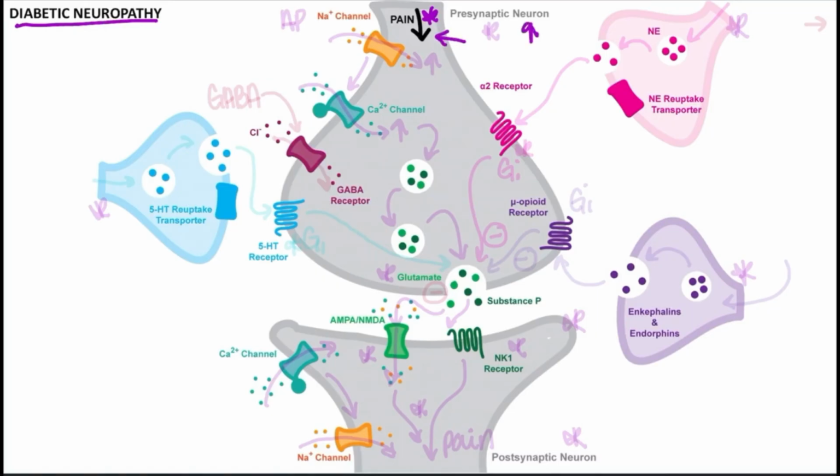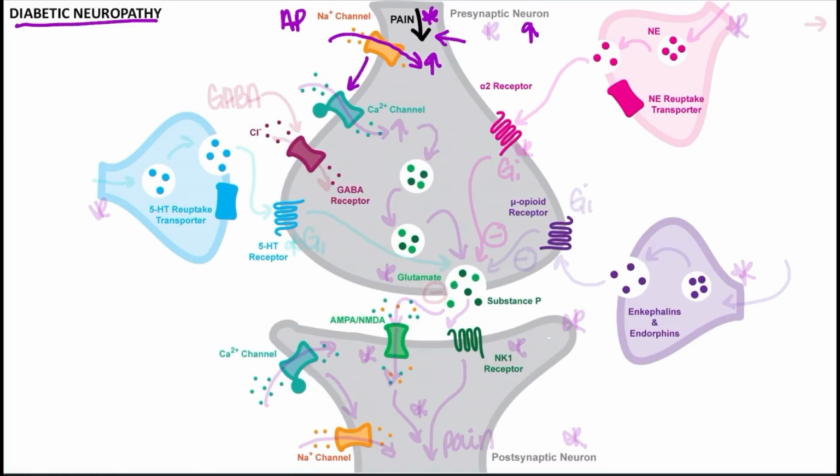So if this activation reaches a particular threshold, this triggers an action potential peripherally that will then propagate along the axons of that primary afferent sensory neuron through the opening of voltage-gated sodium channels. So sodium ions come in for depolarization, which triggers the nearby sodium channels to open and so forth, propagating that action potential until it reaches that presynaptic nerve terminal.